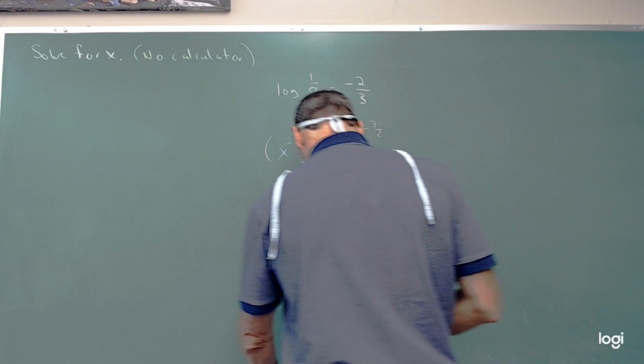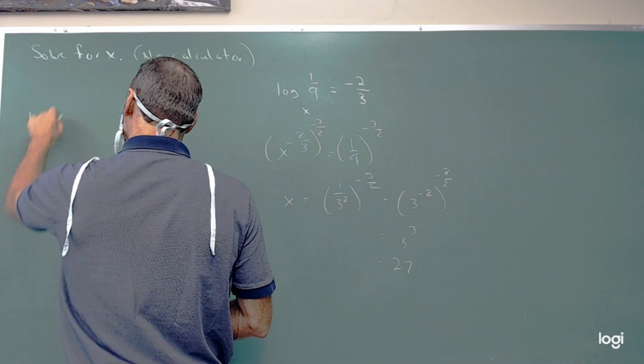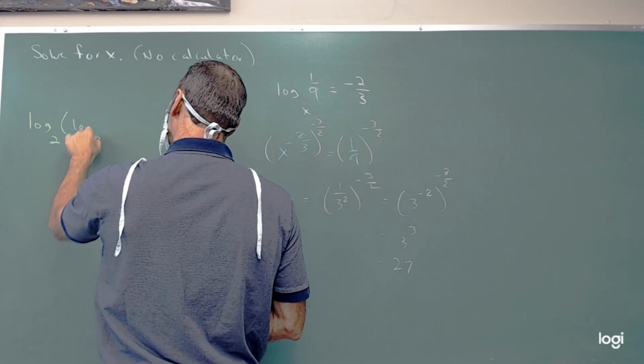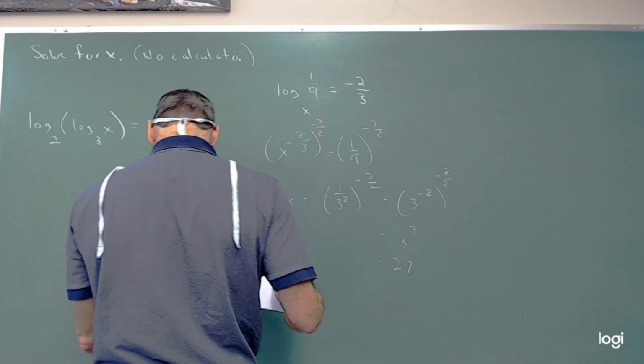Okay, so let's do the logarithm base 2 of the logarithm base 3 of x is equal to 2.